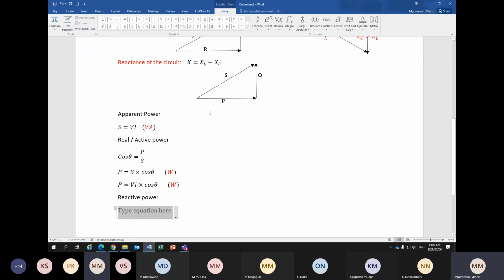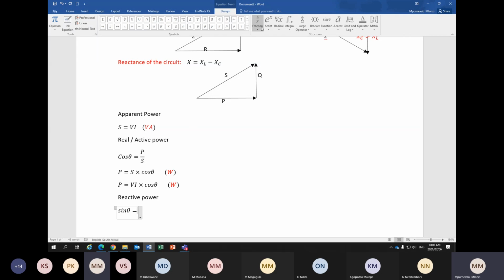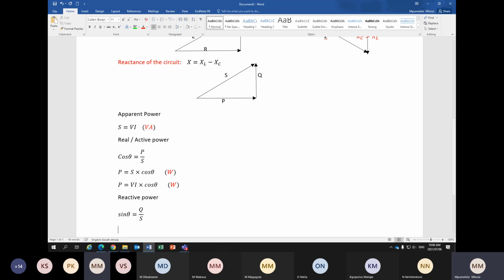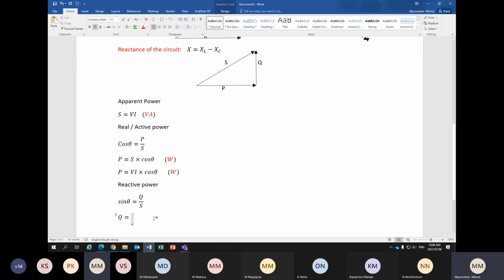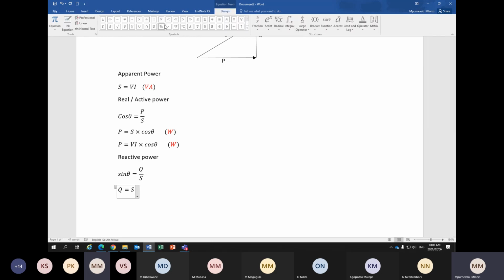Now, a trigonometric function which involves the reactive power is sine, where sine theta is equal to the opposite, which is Q, over the hypotenuse, which is S. Making Q the subject of the formula, the reactive power is S multiplied by sine theta.